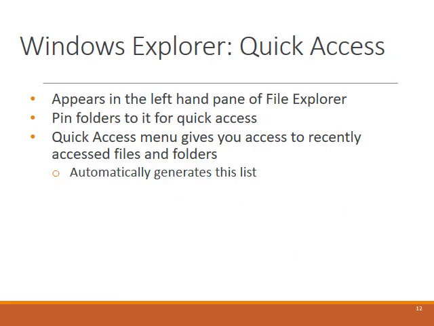So let's briefly delve into the Quick Access toolbar. We talked about it in the last slide. Quick Access appears in the left-hand pane of File Explorer by default. You can pin folders to it for quick access. The Quick Access menu gives you access to your recently accessed files and folders, as we talked about in the previous slide. And just to reiterate that concept, it automatically generates this list.